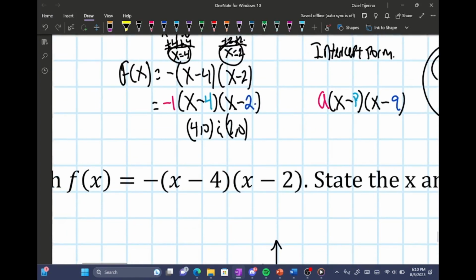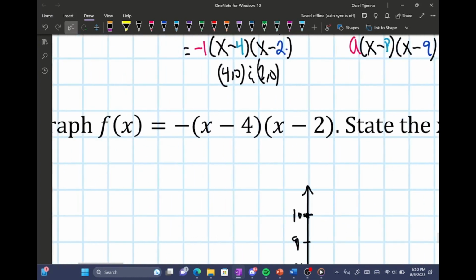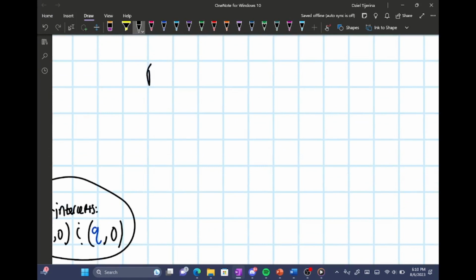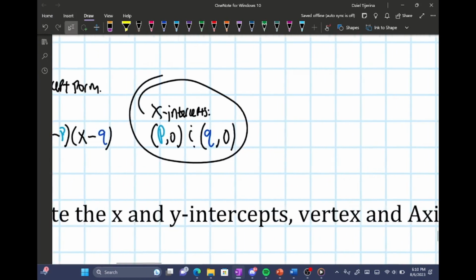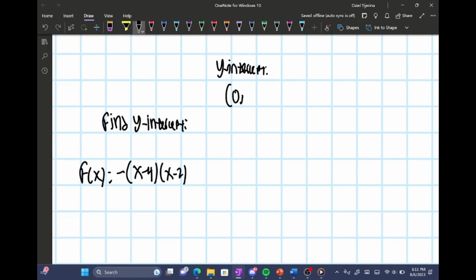Now the other thing that I want to emphasize here is to know exactly what my y-intercept is. So again, I'm going to write my function. f of x is equal to negative the quantity x minus 4 times x minus 2. So again, find the y-intercept. If you guys remember, the y-intercept is of the form 0 comma y.